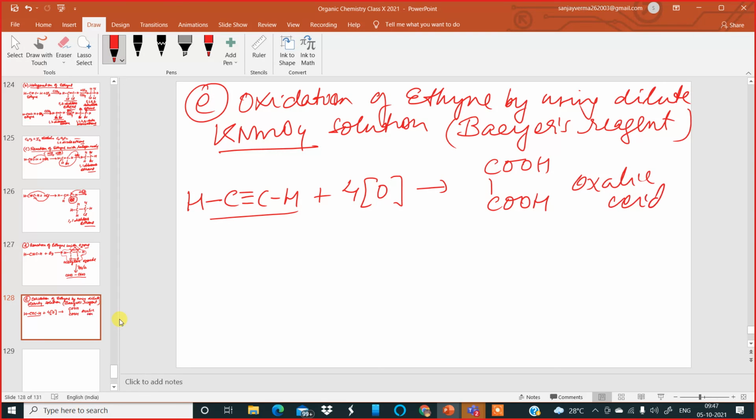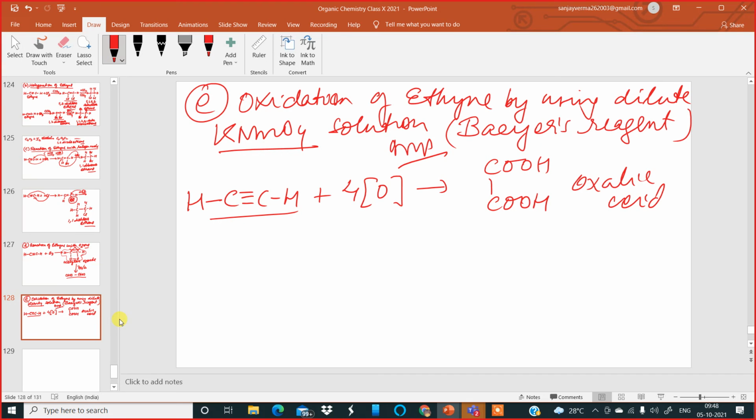So this reaction becomes important for all of us. Oxalic acid is ethane-1,2-dioic acid. That is what you have to remember.